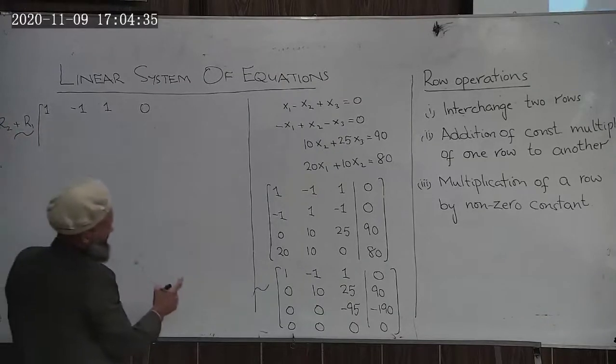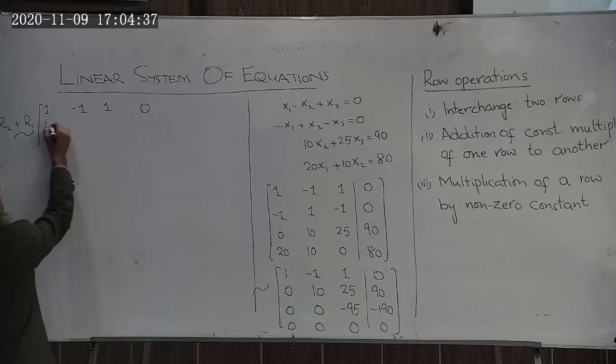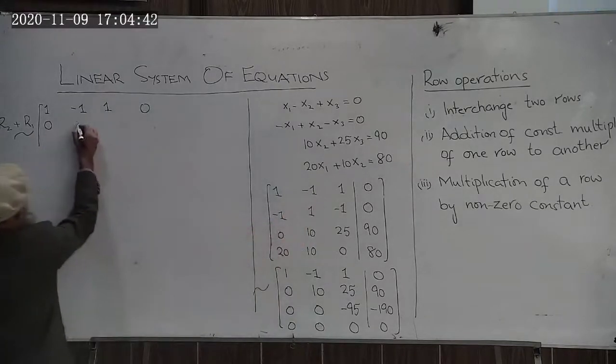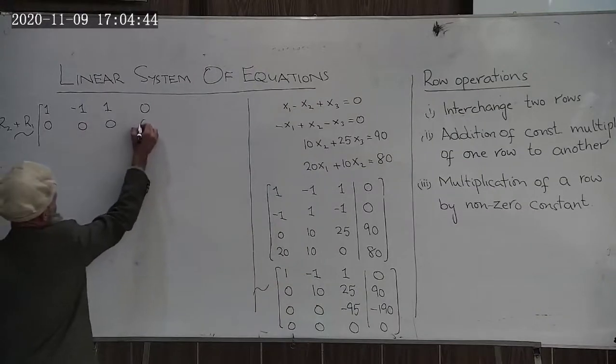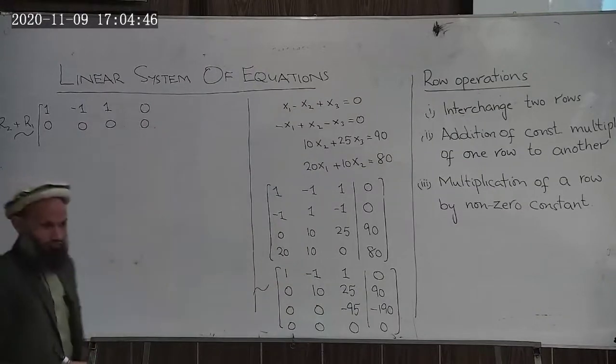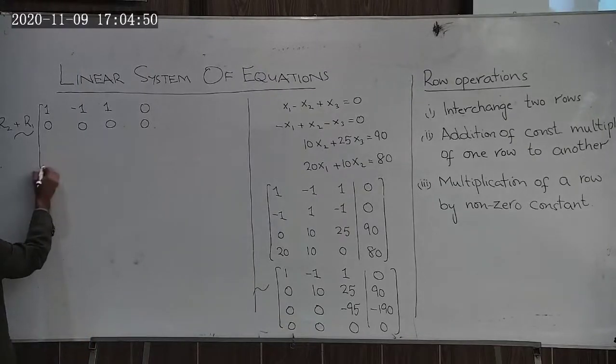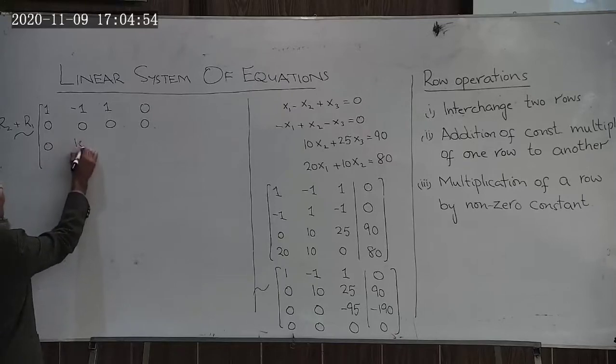So what do we get? 1 plus 1 is 2, minus 1 plus 1 is 0, so 0, 0, 0. We get this equation. And then let's write the rest of the equations as they are.